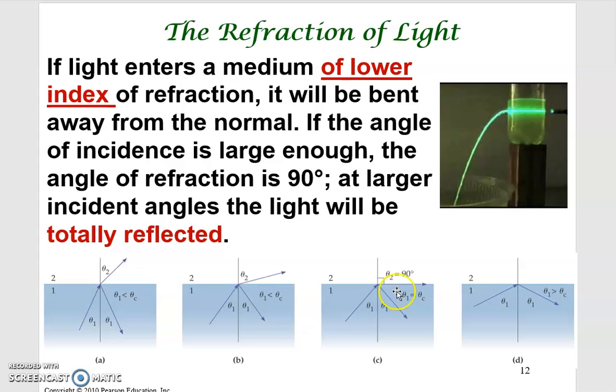It means that for any theta 1 bigger than theta critical, the light will be totally reflected. So no light will be refracted. This is a very unique scenario. This angle, for sure, depends on the index of refraction.